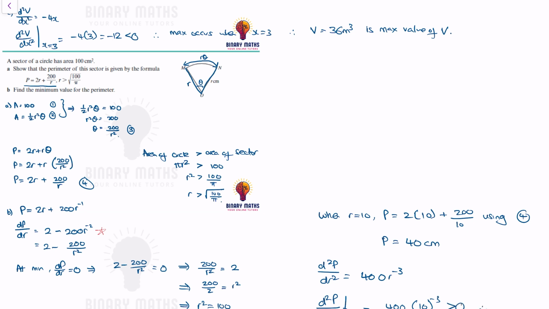Therefore, minimum value occurs at r equal to 10 centimeters. Therefore, minimum P value is P equal to 40 centimeters.